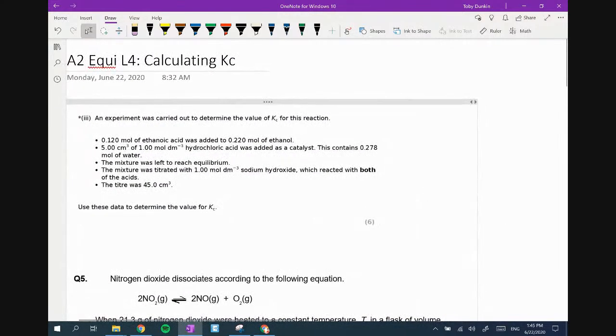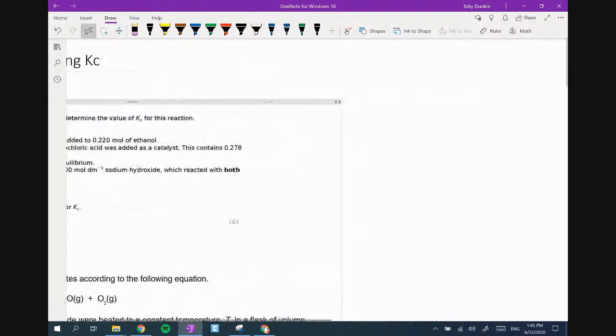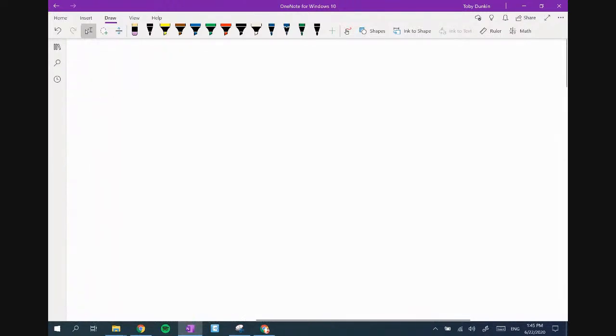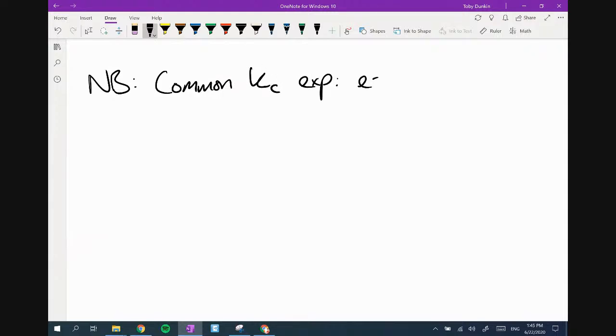Okay, guys, so I just need to make a real point of this particular question. And you can make some notes. This is just calculating KC, and it's a nota bene, really. Nota bene, common experiment, common KC EXP, is esterification.